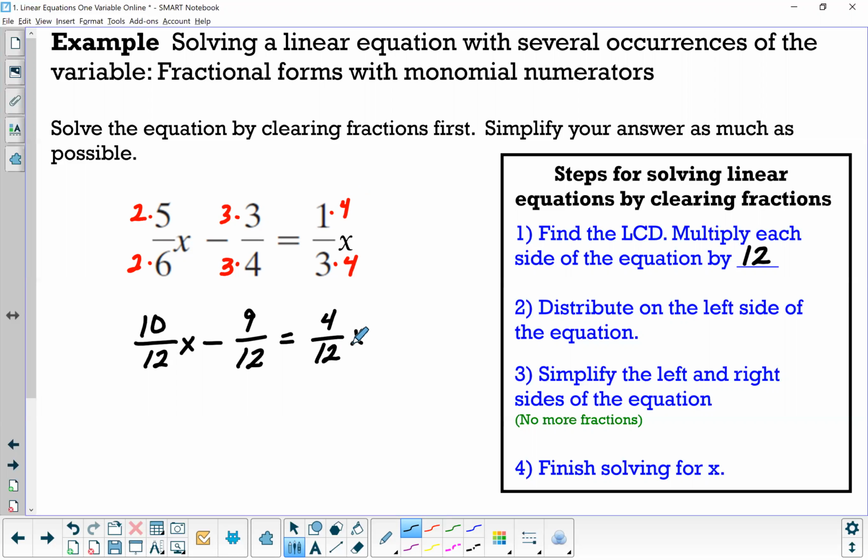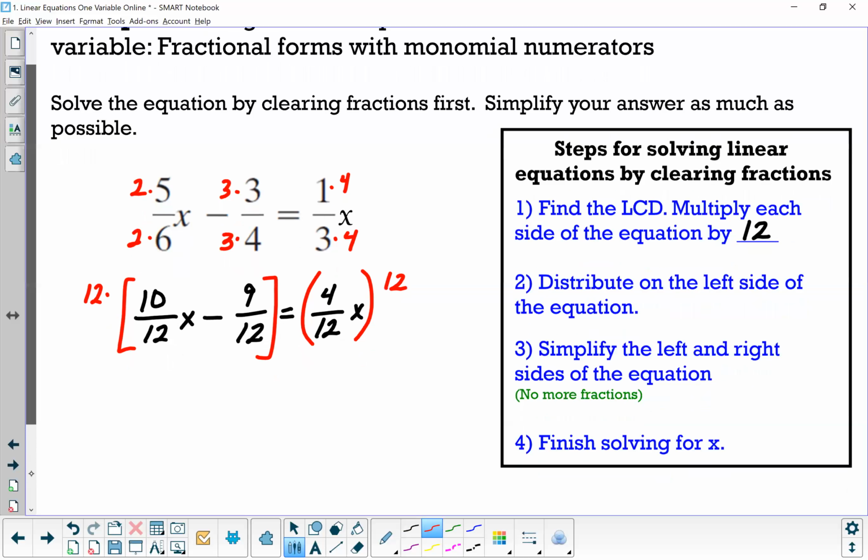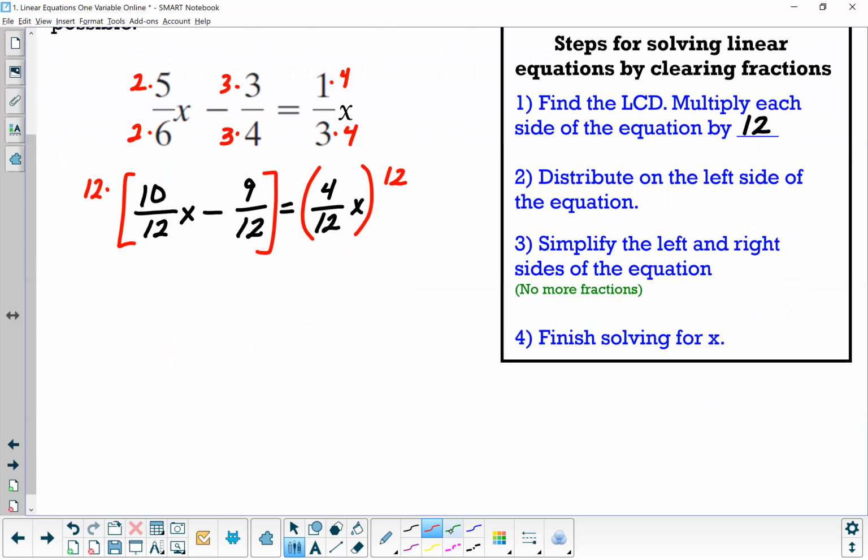Now, here comes the clearing fraction portion. I'm now going to multiply the left side of the equation by 12. And I'm going to multiply the right side of the equation by 12. Now, on the left side of the equation, I have two terms.